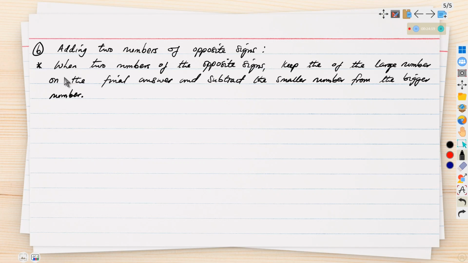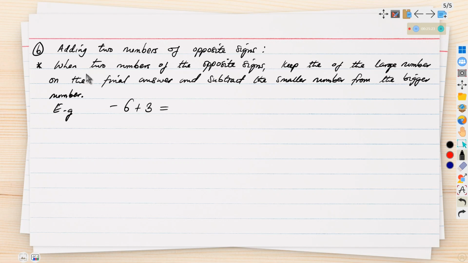So what I'm saying is, you understand this through an example. I have negative 6, then plus positive 3. These two have different signs. This one is negative 6, this one is positive 3. We are adding them.